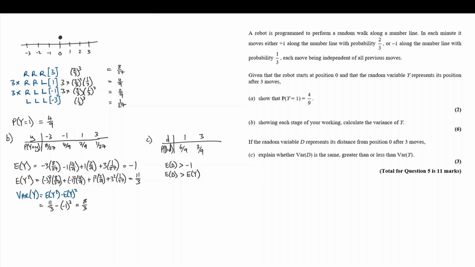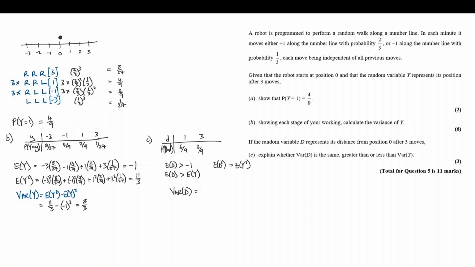However, the expectation of D squared is equal to the expectation of Y squared. Let's not forget, when we square, the values become positive. So the -3 became +9. The -1 became +1. So the expectations of D squared and Y squared will be exactly the same.